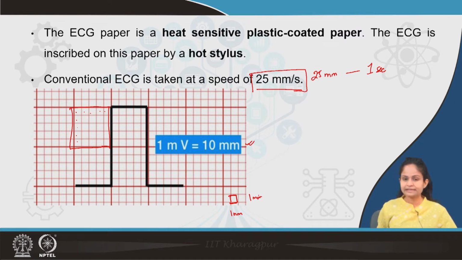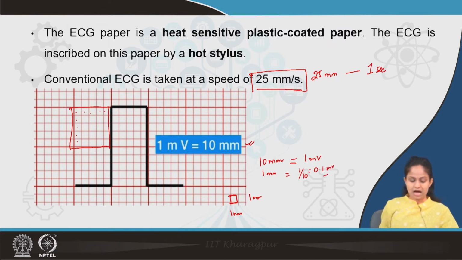So, how will the vertical deflection be given? The calibration is done in such a way that a voltage of 1 millivolt causes a deflection of the needle of 10 millimeter. That means 10 millimeter is giving a deflection of 1 millivolt. So, 1 millimeter will give a deflection of 1 by 10, that is 0.1 millivolt.